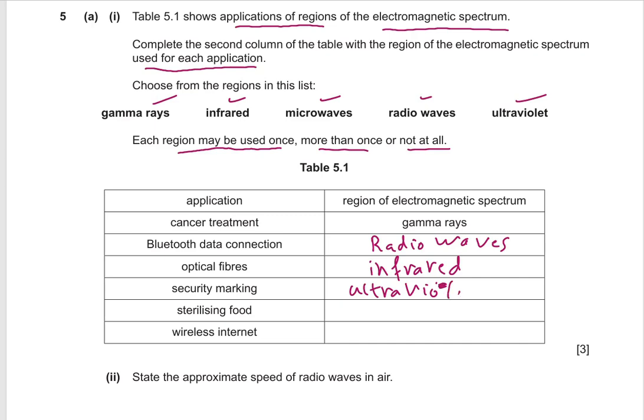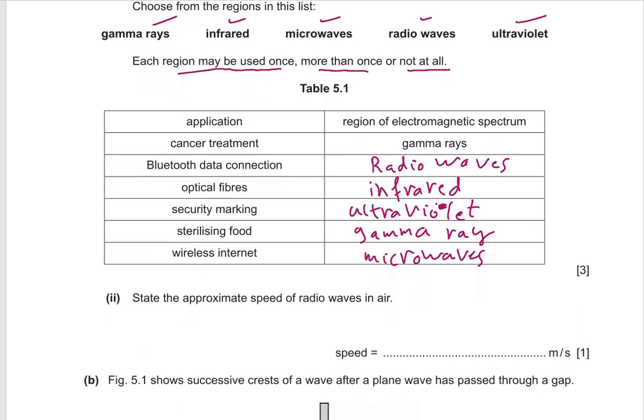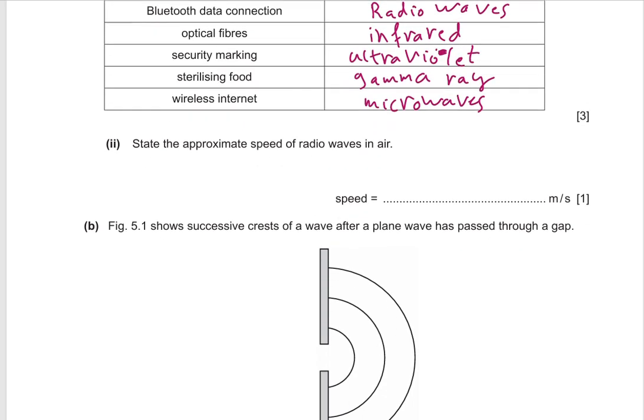Sterilizing food, it is gamma rays. And the last one, wireless internet, we use microwaves. These are or should be memorized by you guys.